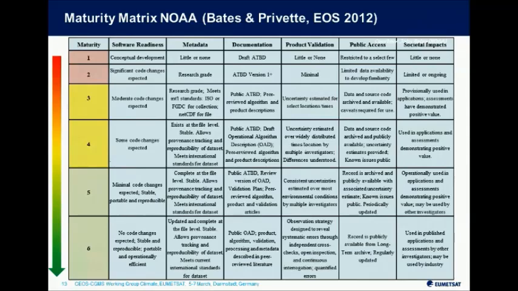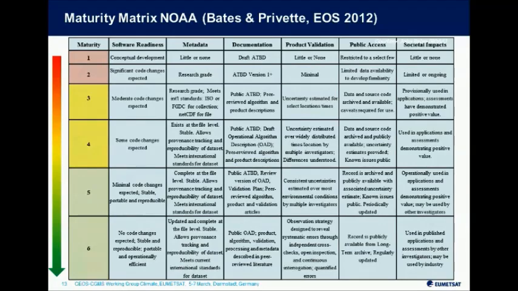When a data set has a score of 1 or 2, it is categorized as a research grade data record. When it is 3 and 4, it's an initial operational capability, meaning it can be taken into a climate service or an agency service and operated in an initial way.